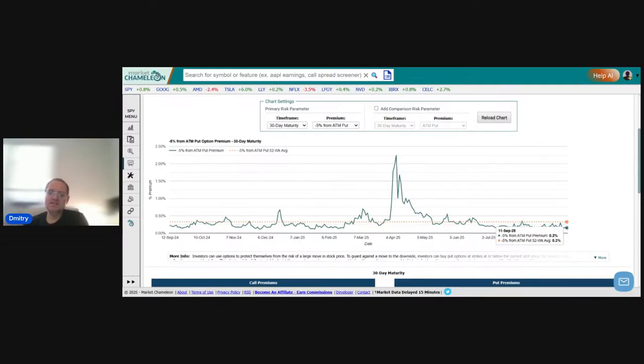Another thing this graph allows us to visualize is the variability of the costs. The put premium, the insurance to protect yourself to the downside after a 5% move down, varies. It's not always constant. When you buy insurance for a car, it's not always exactly the same.